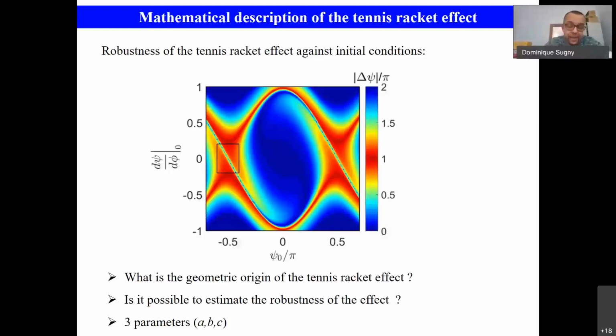Okay, so this kind of numerical simulation explains why the monster flip effect is a very difficult skateboard trick, and it's very difficult to realize.